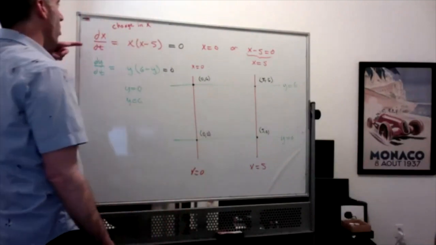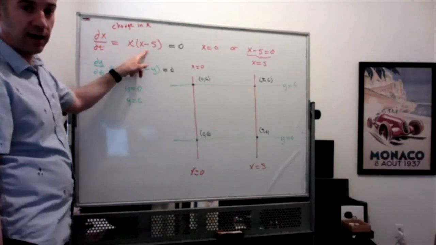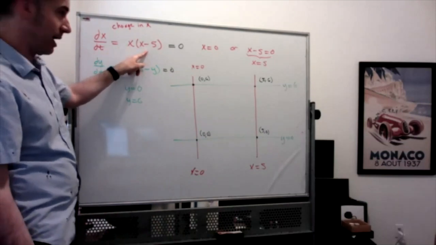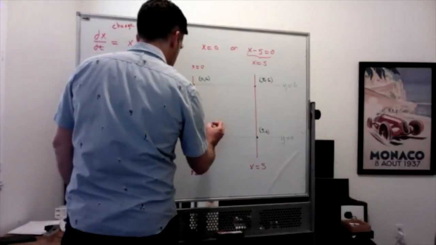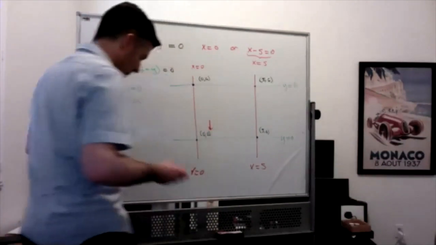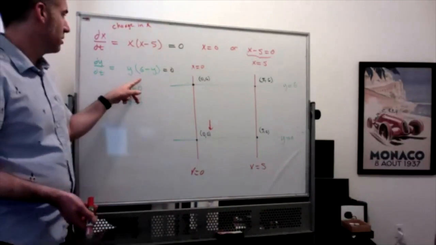If I pick the point (1, 1), dx/dt is going to be 1 times negative 4, which is going to be negative. So at (1, 1), we're going to be going down. And at (1, 1), dy/dt is going to be 1 times (6 minus 1), which is 5.